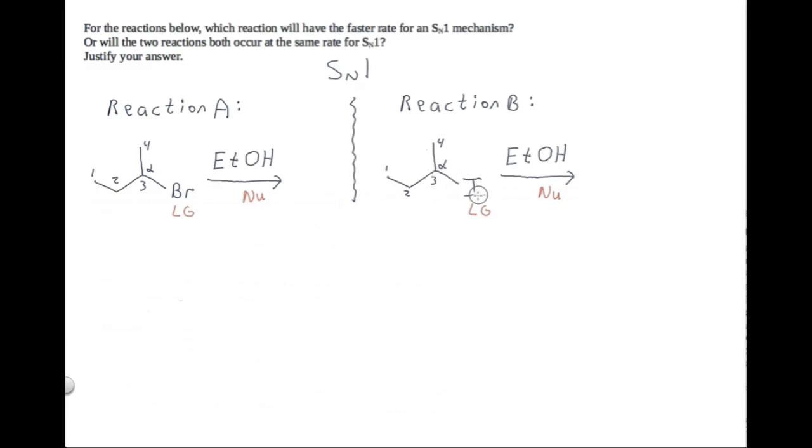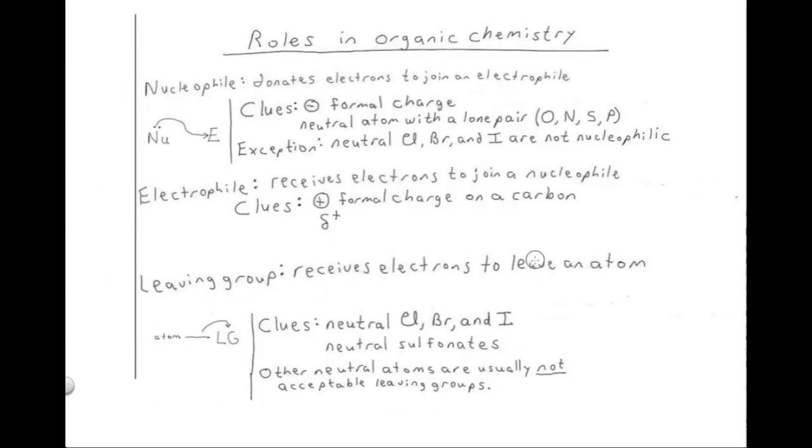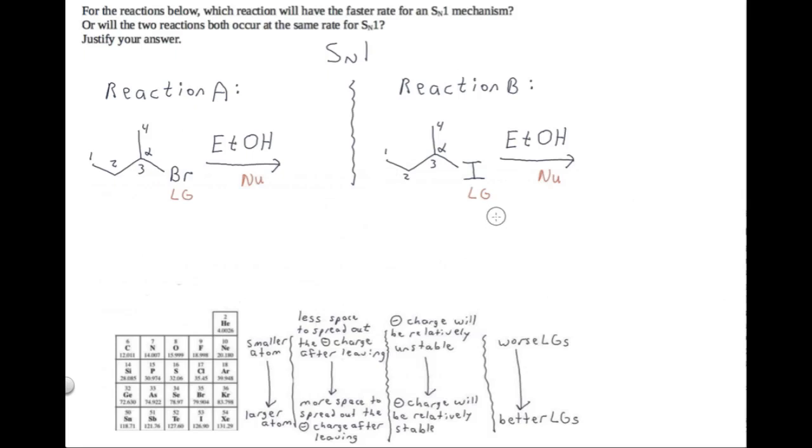Now, how can we tell which of these is the better leaving group? Well, we know that both of these would be considered good leaving groups. We have seen in the past that both neutral bromine and neutral iodide are on our list of good leaving groups. But how can we tell which is better? Well, we discussed how to handle that issue previously in this video. We should locate bromine and iodide in our periodic table. Here's bromine and here's iodide.